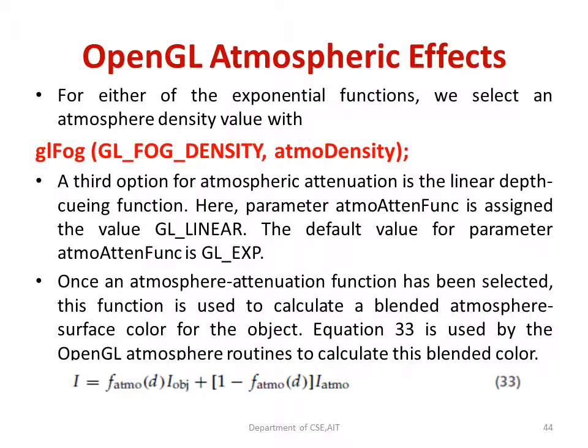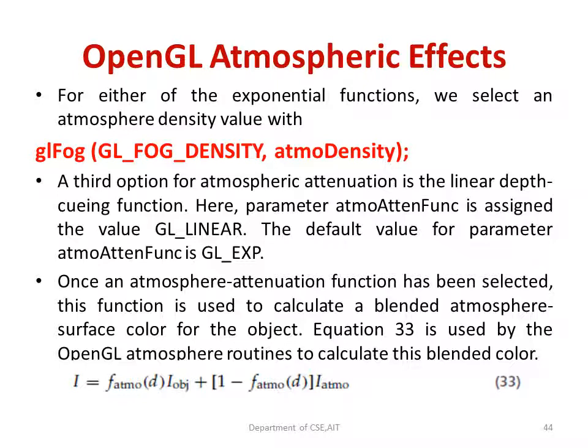We can go for including a fog density by making use of the GL fog density symbolic constant. So here the atmospheric density value can be given directly. The GL fog density blends the atmosphere as well as the surface color.